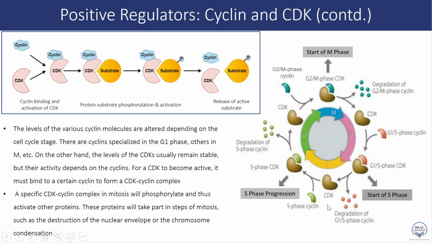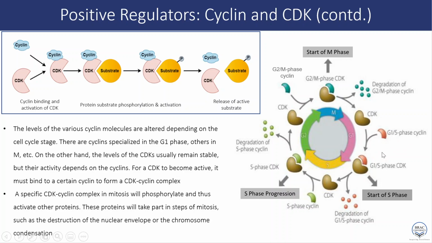This figure is a demonstration of the previous figure, but in more detail. In the G1 phase there's CDK, and there's a specific cyclin. Cyclin is specific for a specific phase. In the G1/S phase there's a specific cyclin.